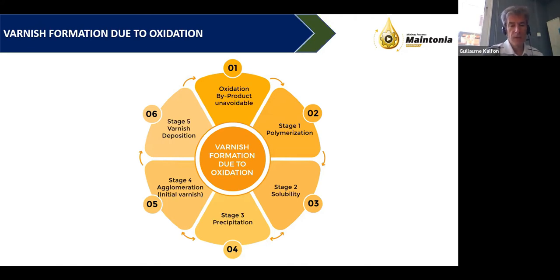So there will be a stage of oxidation. But then there are other stages that develop from that: stage 2, polymerization; stage 3, solubility; stage 4, precipitation and agglomeration, and then you have initial varnish; and then stage 5, actual varnish deposit.